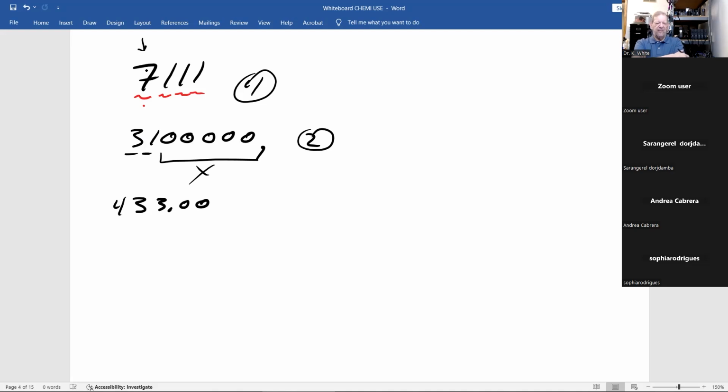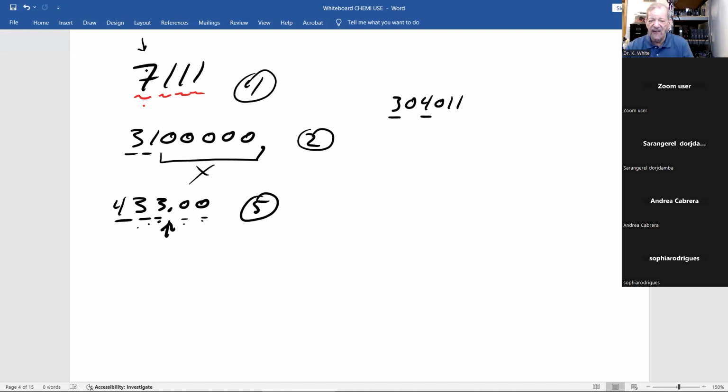And if we look at this number, how many significant figures? Well, we have 3 non-zero numbers, but we have a decimal point. And zeros at the end with a decimal point are significant. So 1, 2, 3 plus these two, 5 significant figures. And if we look at this number, again, all non-zero numbers are significant.